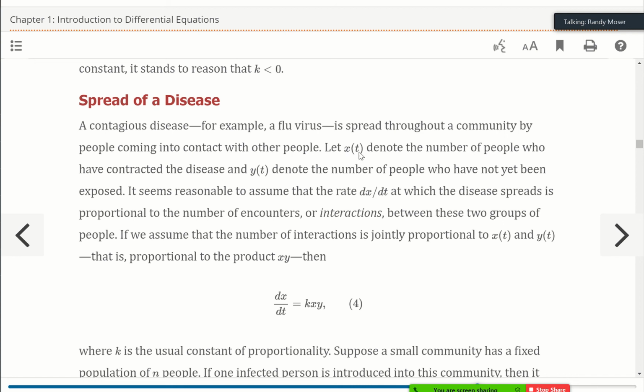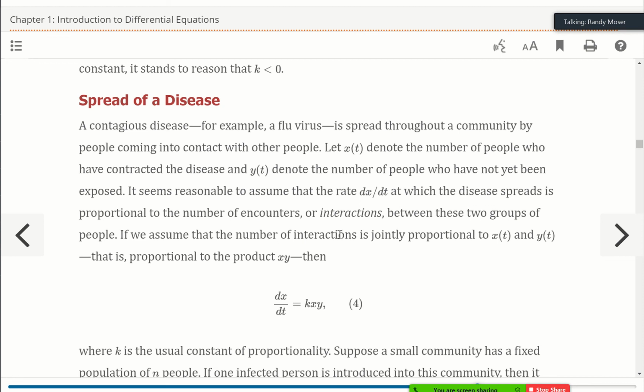So x of t is the number of people that have the disease, y of t is the number of people that do not yet have it. And the assumption we make under this model is that the rate dx/dt at which the disease spreads is proportional to the number of encounters or interactions between these two groups of people.